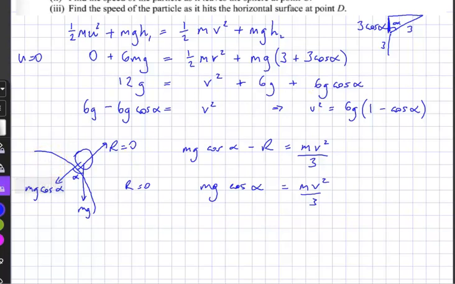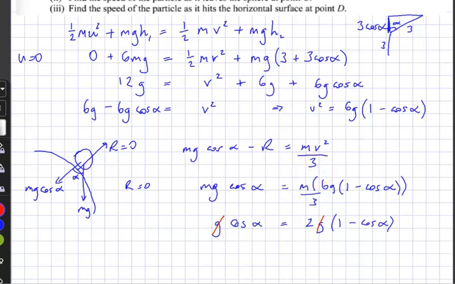Now arguably I could substitute in my v from the previous part. So I can put in the fact that it's 6g brackets 1 minus cos alpha into there. I can divide both sides by m to cancel them out. You'll see that I can also cancel out g as well. So those g's cancel out.